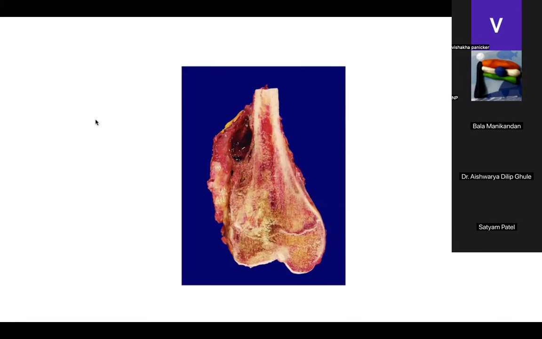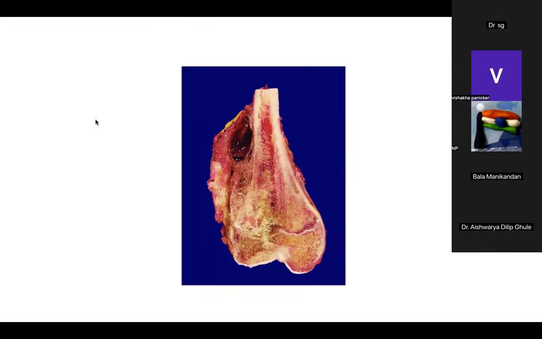More likely some malignant metaphyseal tumor, consistent with osteosarcoma. Yeah, good. So that's the perfect description for this. So here you can get all the osteosarcoma questions.